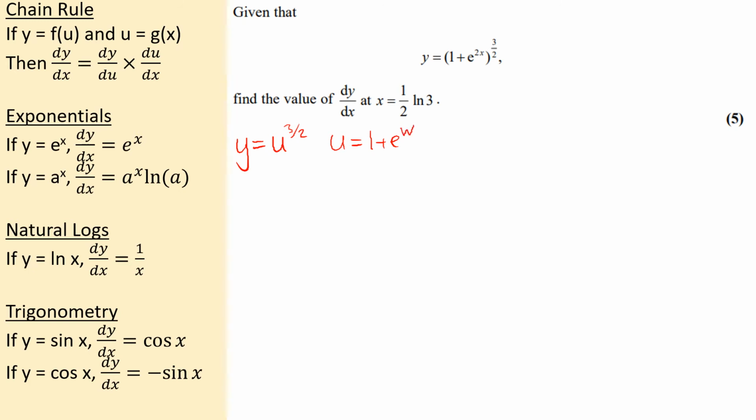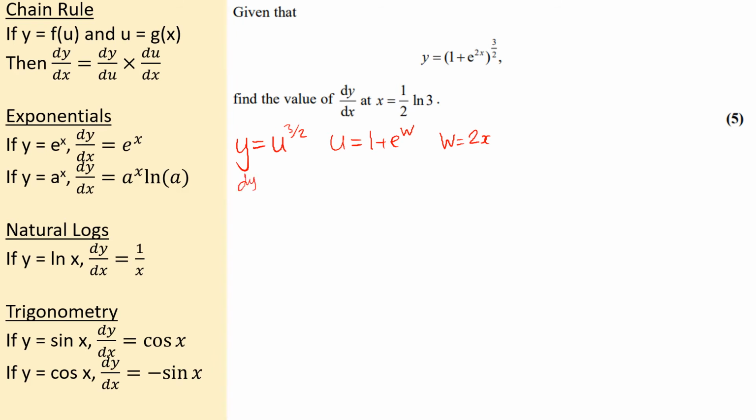Let's say to the w. And I'll say that w is equal to 2x. So you can sort of chain that backwards. If w is 2x, this is 1 plus e to the 2x. And if u is 1 plus e to the 2x, then this is the same as what we started with.